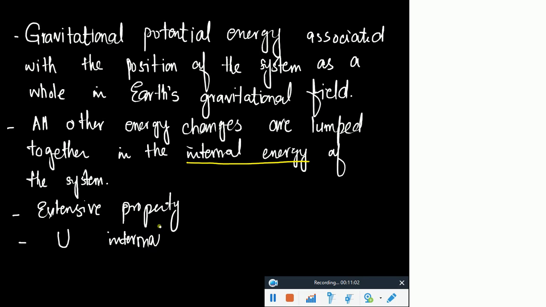Internal energy is represented by U, and if you use a smaller u, what does that mean? Yes, this is internal energy per unit mass, the specific internal energy. I hope you understand what specific volume was. It is something similar.